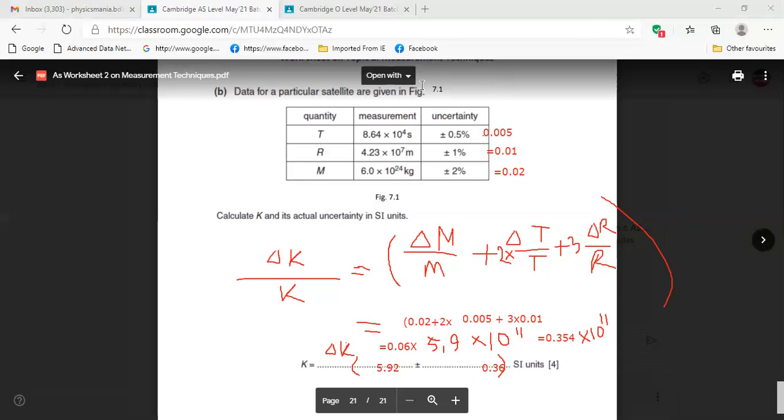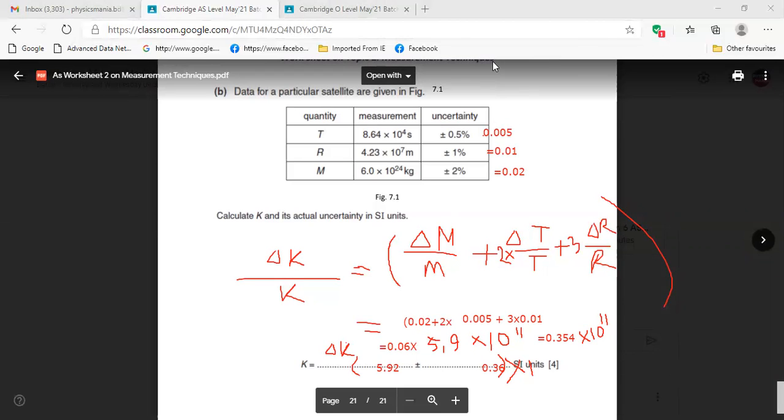After writing this, you give in bracket. Yes, sir. You write here 10 to the power 11. That is your answer. This way you have to write: you give bracket, you keep the values, and outside give the power of 10.